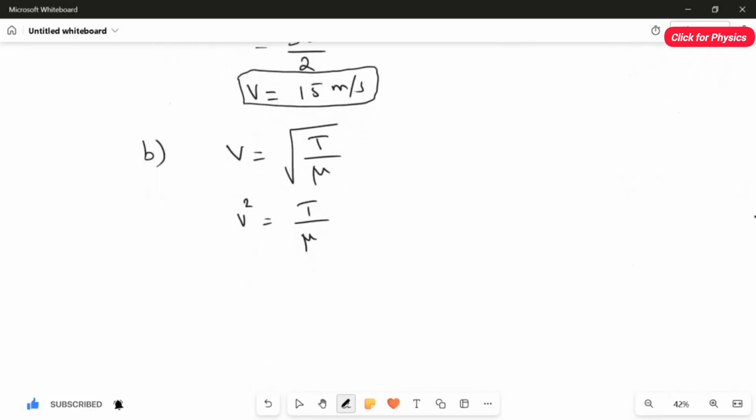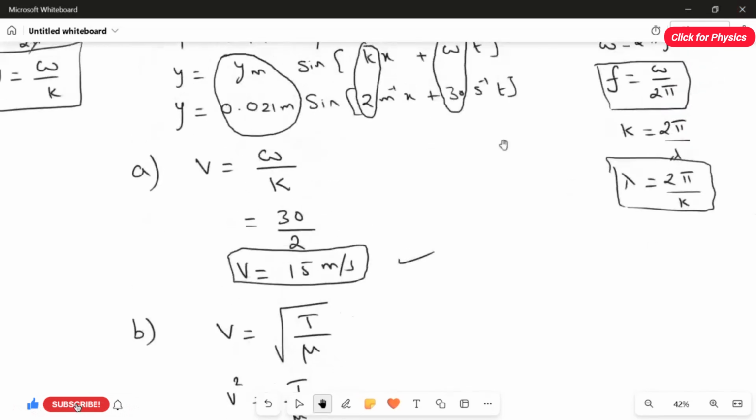Therefore, tension T = v square multiplied by the linear density. Here the v value is the answer from the first part, 15 meter per second. Therefore, T = 15 square multiplied by the linear density value.